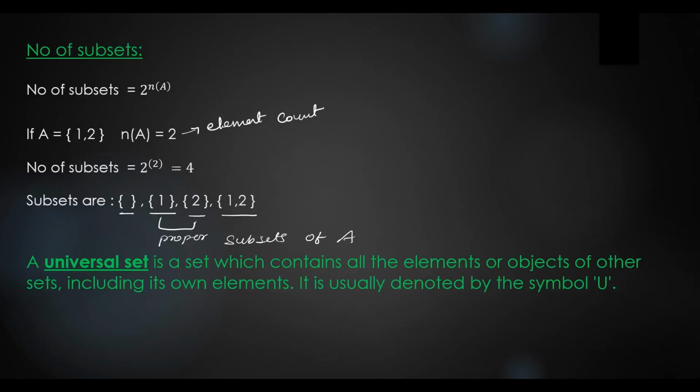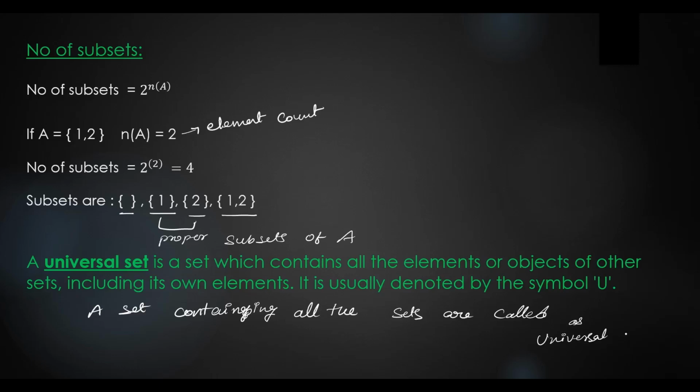Okay, it is usually denoted by the symbol U. And we can say a set containing all the sets is called a universal set.